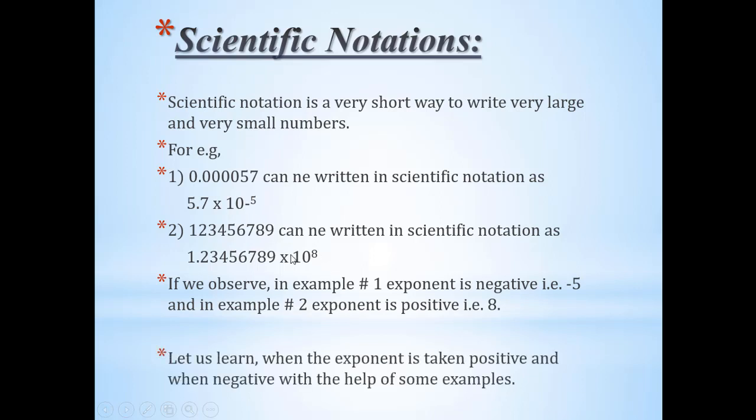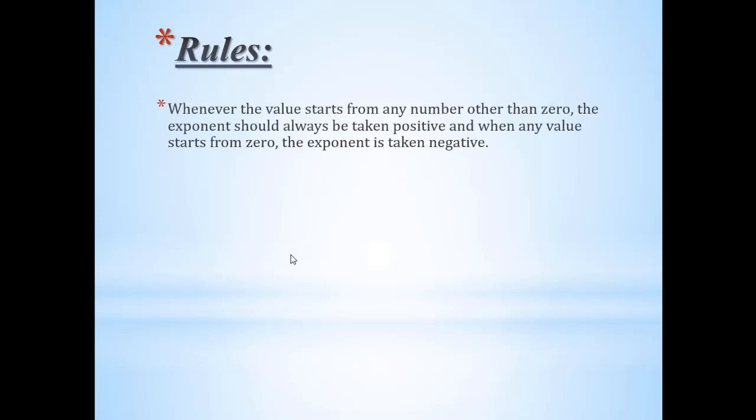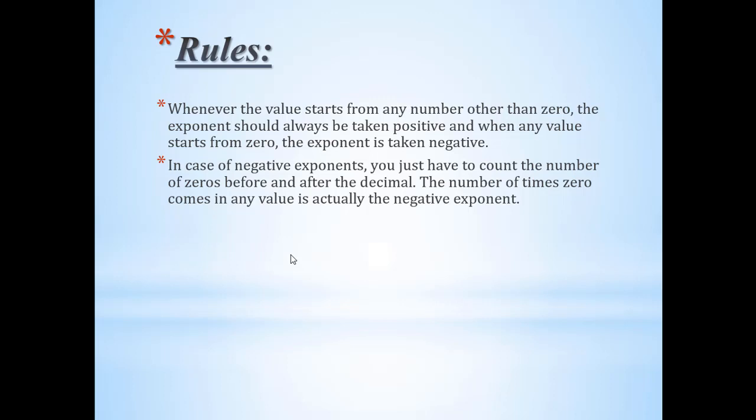Let us learn when the exponent is taken positive and when negative with the help of some examples. Rule number 1: whenever the value starts from any number other than 0, the exponent should always be taken positive, and when any value starts from 0, the exponent is taken negative. Number 2: in the case of negative exponents, you just have to count the number of zeros before and after the decimal.